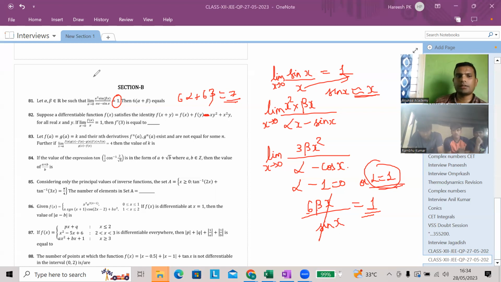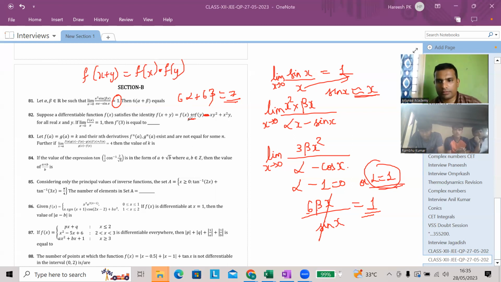Actually, you can't use a power x because f of x plus y equals f of x into f of y would mean a power x. And actually, this is not equal to, this has to be a minus.